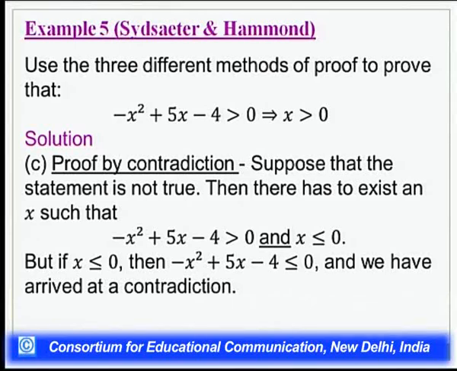Clearly x less than or equal to 0 is logically inconsistent, as we just showed in the indirect proof. X non-positive is logically inconsistent with minus x square plus 5x minus 4 greater than 0. So clearly there is a contradiction within this statement, and therefore we cannot have this be true, and therefore P must be consistent with Q, and it's not that P is going to be consistent with not Q.